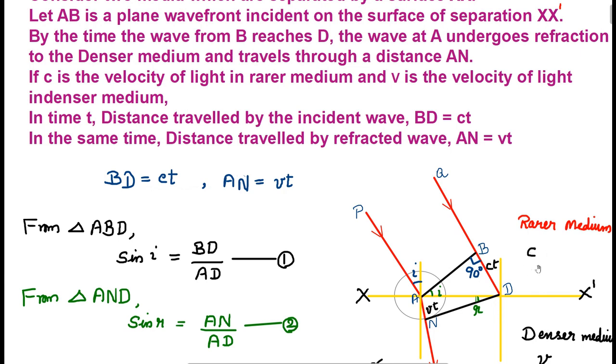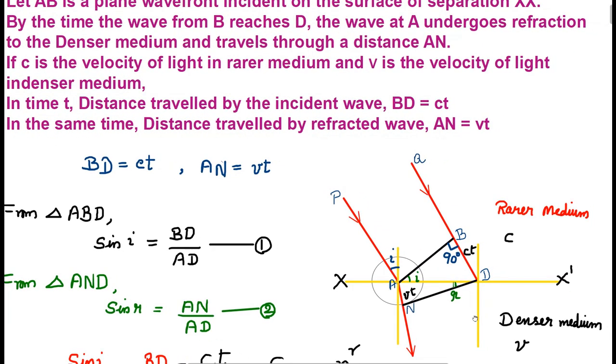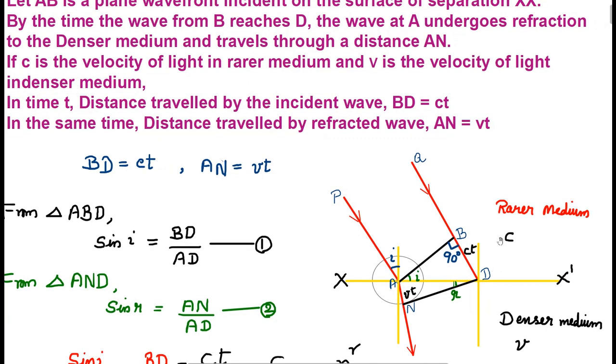C is the velocity of light in the rarer medium and V is the velocity of light in the denser medium, and if t is the time taken for the wave from B to reach D, then distance BD equals velocity into time, that is, C into t.